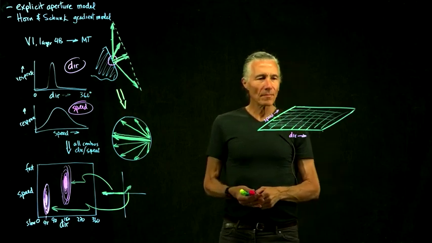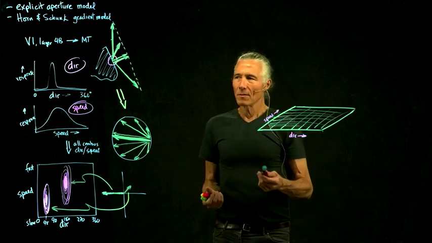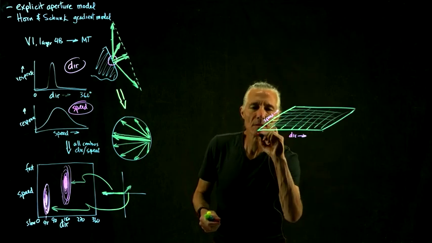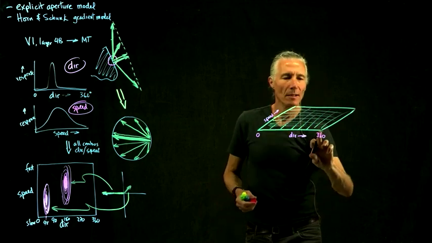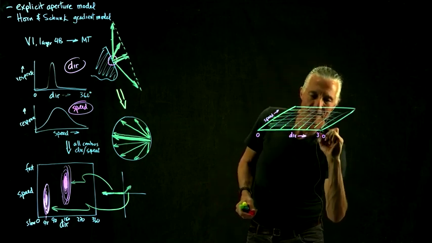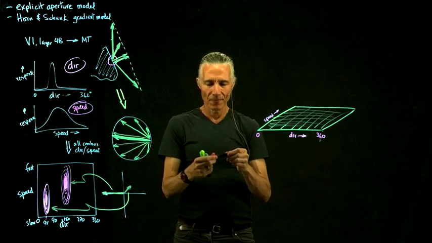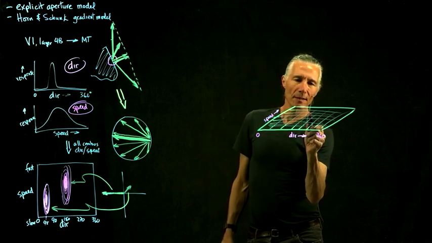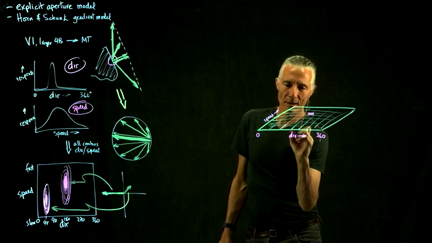Let's say we were doing 180 degrees. Here's 0 to 360. So say we're doing a relatively fast speed at 180 degrees. What is that going to correspond to? Well, it's going to correspond to a unit somewhere here at 180.